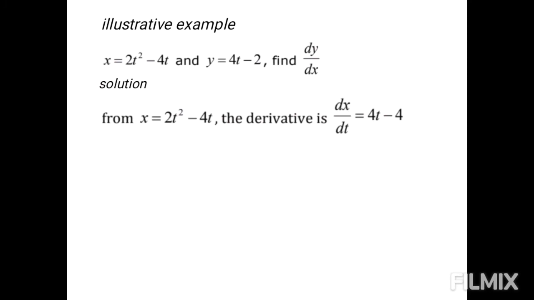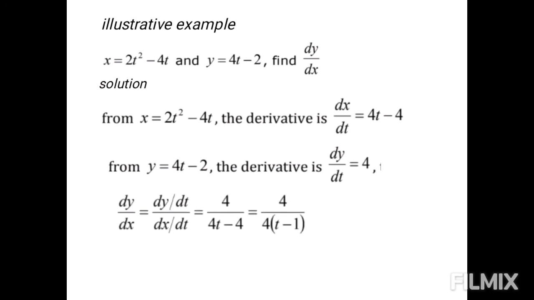And next step, from the given y, which is equals to 4t minus 2, we got the derivative, which is equals to 4. And take a look with our format.